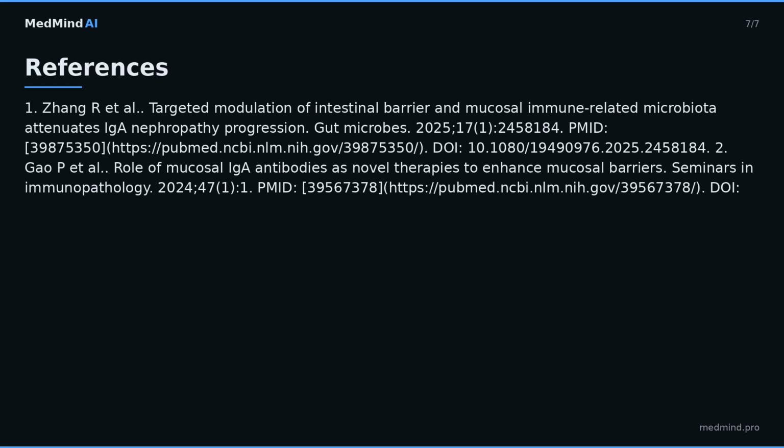References. 1. Zhang et al. Targeted modulation of intestinal barrier and mucosal immune-related microbiota attenuates IgA nephropathy progression. Gut Microbes. 2025, 17, 2458184.